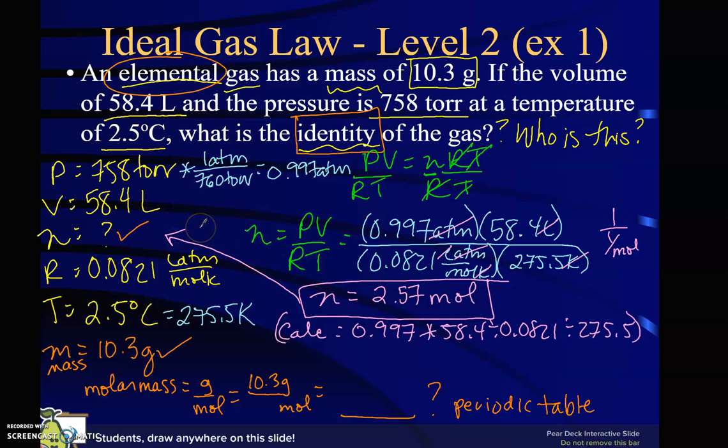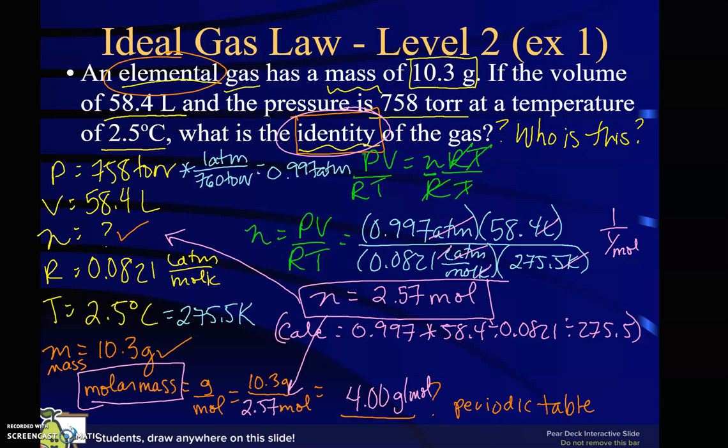Okay, so now I have moles, but I want to know the identity. So I plug this in down here. 2.57 moles. So I can figure out the identity of my element through its molar mass. So 10.3 divided by 2.57 is going to give me 4.00 grams per mole.